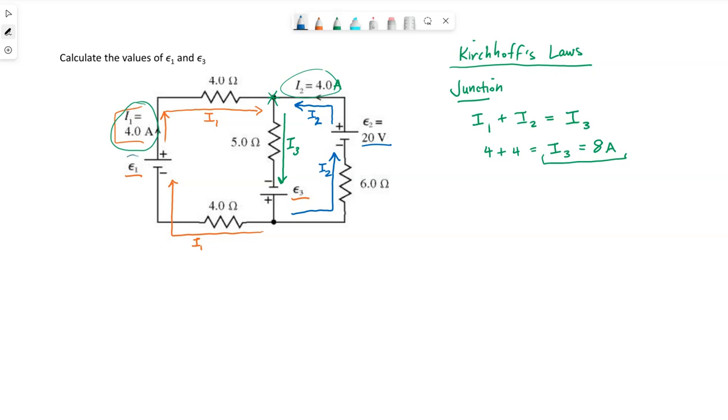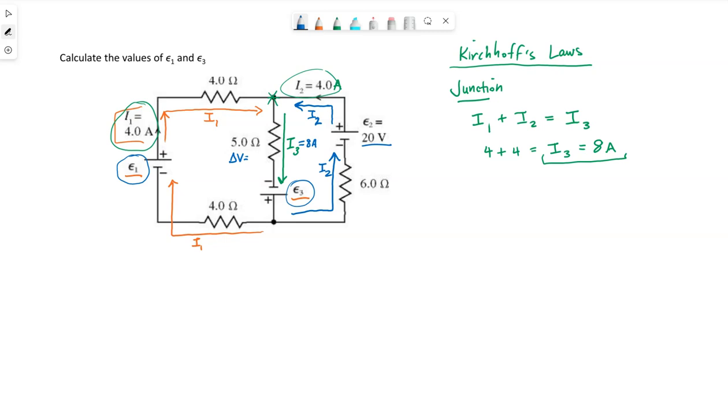Now, ultimately, what we want to find are these two battery voltages. The voltage, of course, does not show up in the junction rule. It will show up in the loop rules. But the junction rule is necessary to determine this current of 8 amps because that will determine the delta V for this 5 ohm resistor in the middle.